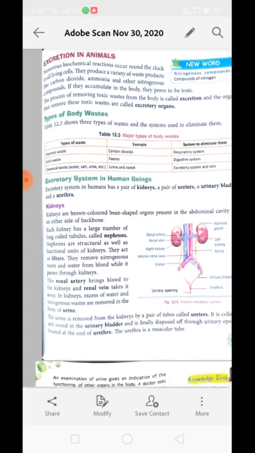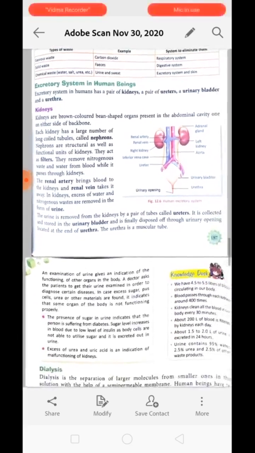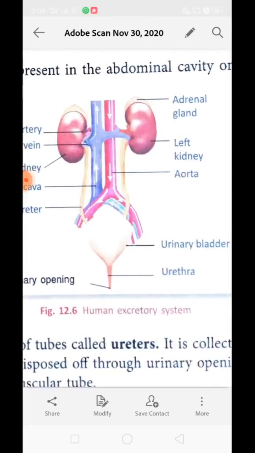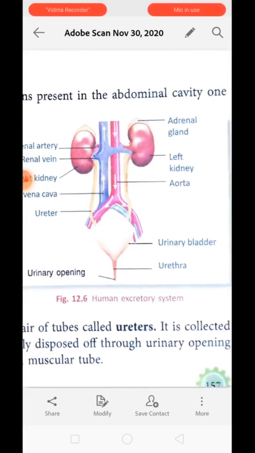Clear? Now we are going to study the excretory system in human beings. Just see over here, this is the picture of the excretory system in human beings. Kidney. Yes, the kidney is the part of the excretory system which helps us to remove all the waste from the blood, so that we can be healthy.